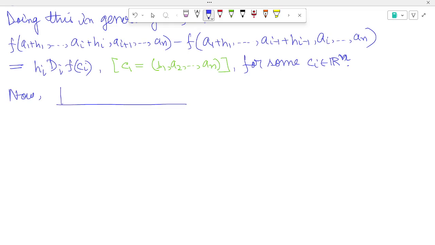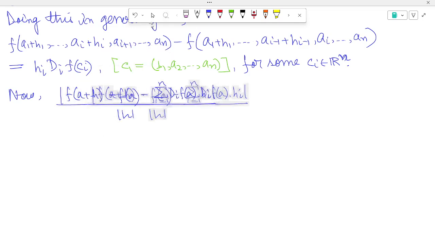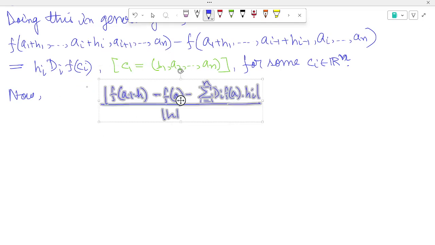In the above there is f(a+h) minus f(a) minus the summation of D_i f(a) times h_i, i goes from 1 to n, divided by the norm of h, limit h tends to 0.